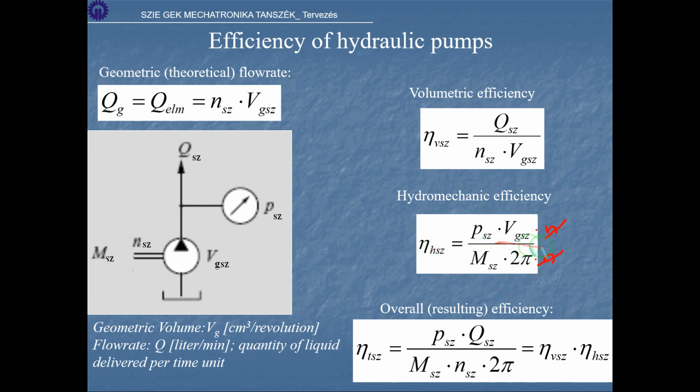But because it will be a ratio, I can use this equation. And the overall or resulting efficiency is this, if you like, but if you don't like it, you can simply use this equation here. You can calculate these two and simply multiply them, and you will receive the overall efficiency. So it's very simple.